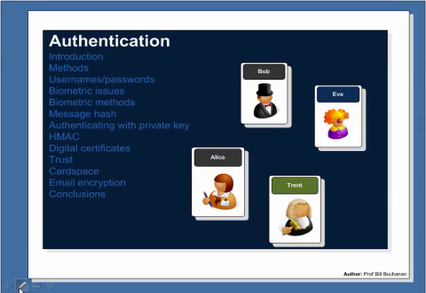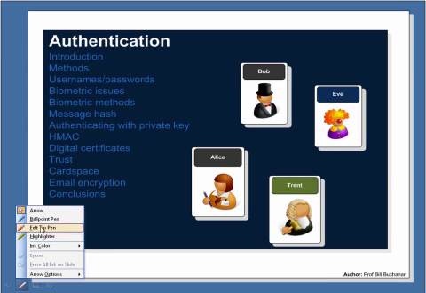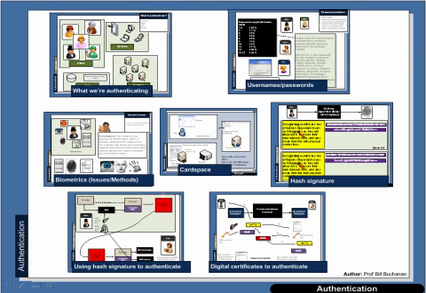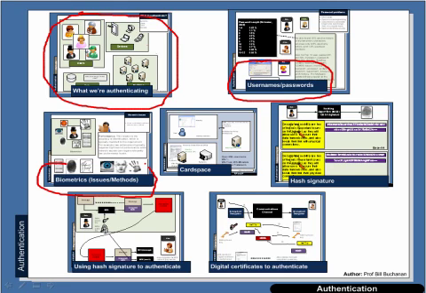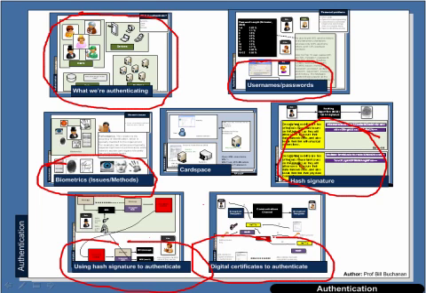In this unit, we'll look at authentication. The main areas we'll be covering are that we need to identify what it is we're really authenticating, some of the weaknesses and issues related to usernames and passwords, the issues and methods of biometrics, the usage of the hash signature to identify things and to authenticate, and the usage of digital certificates to authenticate entities.